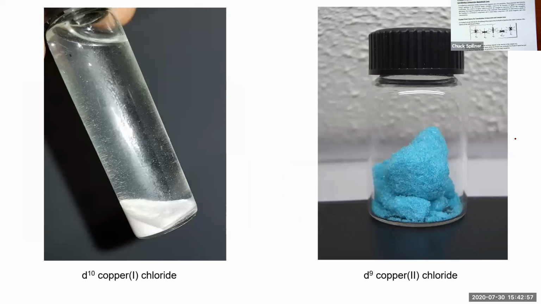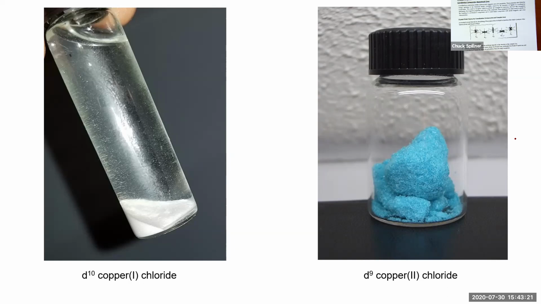On the left side is a solution of copper 1 chloride, which is a d10 complex ion. So copper 1 has 10 d electrons. If you have 10 d electrons, the solution is colorless because all the orbitals are full, so there's nowhere for an electron to go.